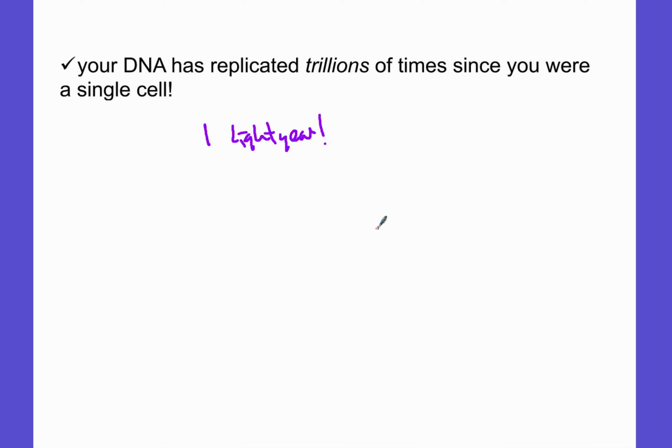Now, a light year is a distance, just in case you didn't know that, and it's the distance light travels in 1 full year. Right? It takes 8 minutes for the light from the sun to get to our planet. Imagine how far light travels in 1 year, right? That's how much DNA you're going to make in your lifetime, right? So this is just amazing, right?